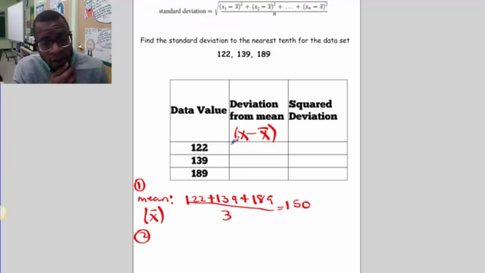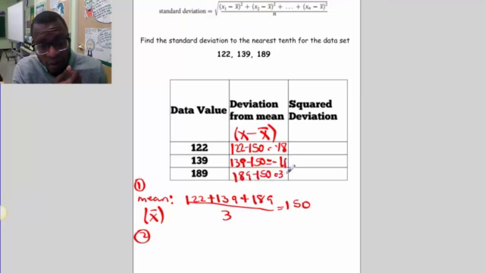So let's find those values. So we're going to have 122 minus 150, which is negative 18. We're going to have 139 minus 150, which is negative 11. And then we're going to have 189 minus 150, which is 39.